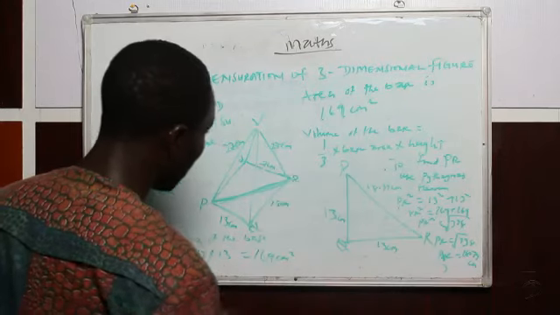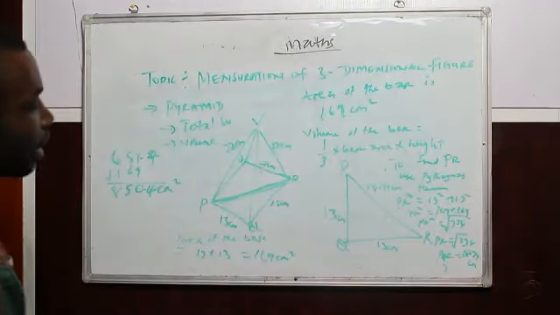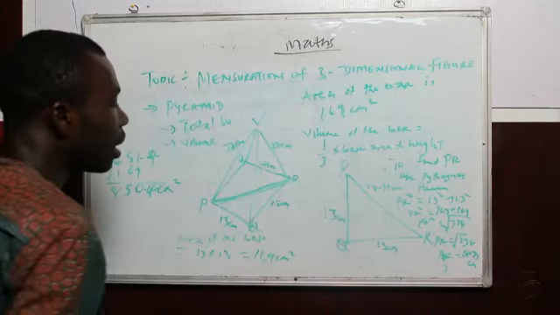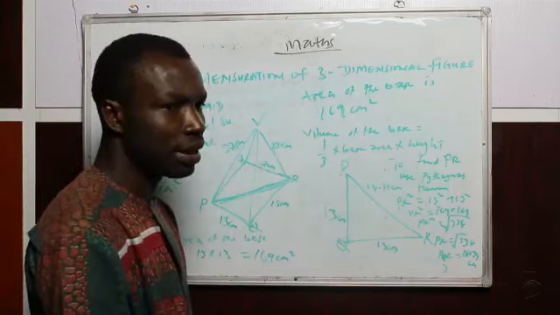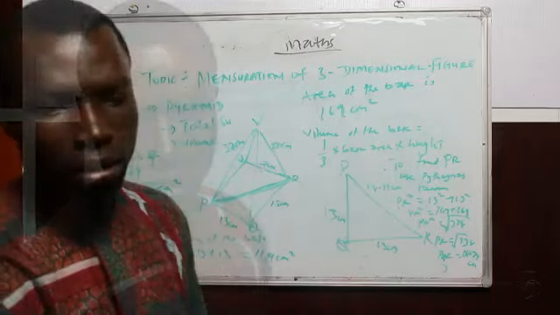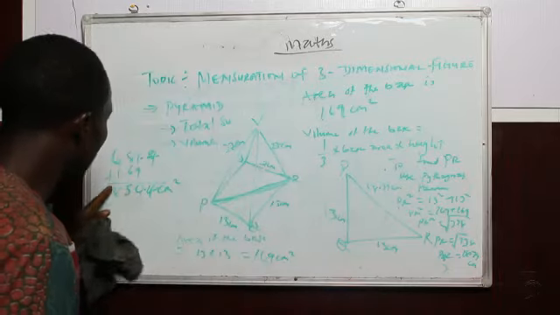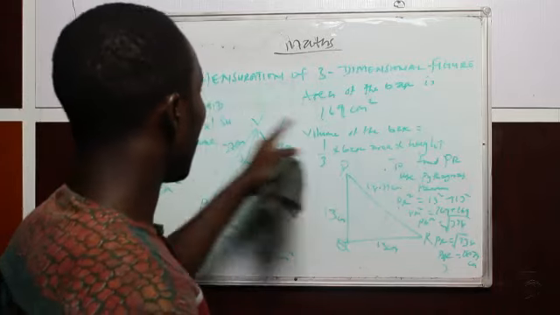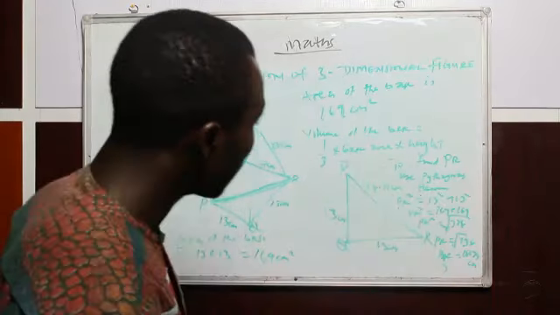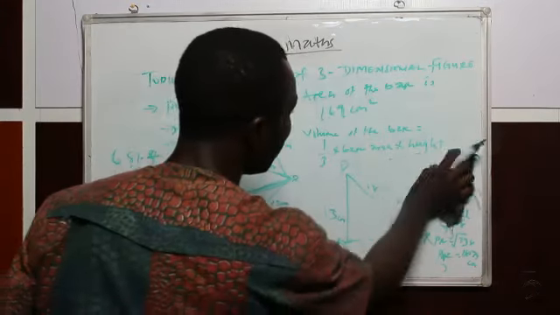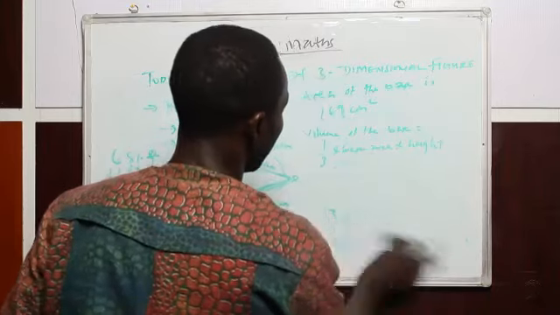So therefore, if we have gotten our PR to be 18.39 centimeter as our height, we can now calculate for the volume of the pyramid, which is given as 1/3 of the base area times height.